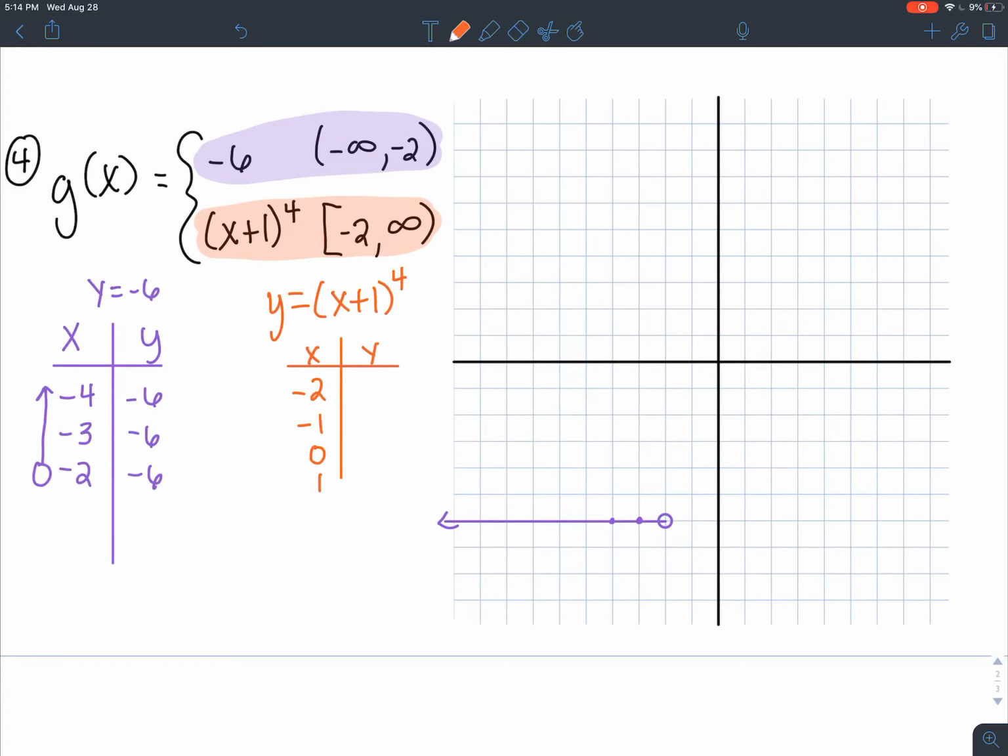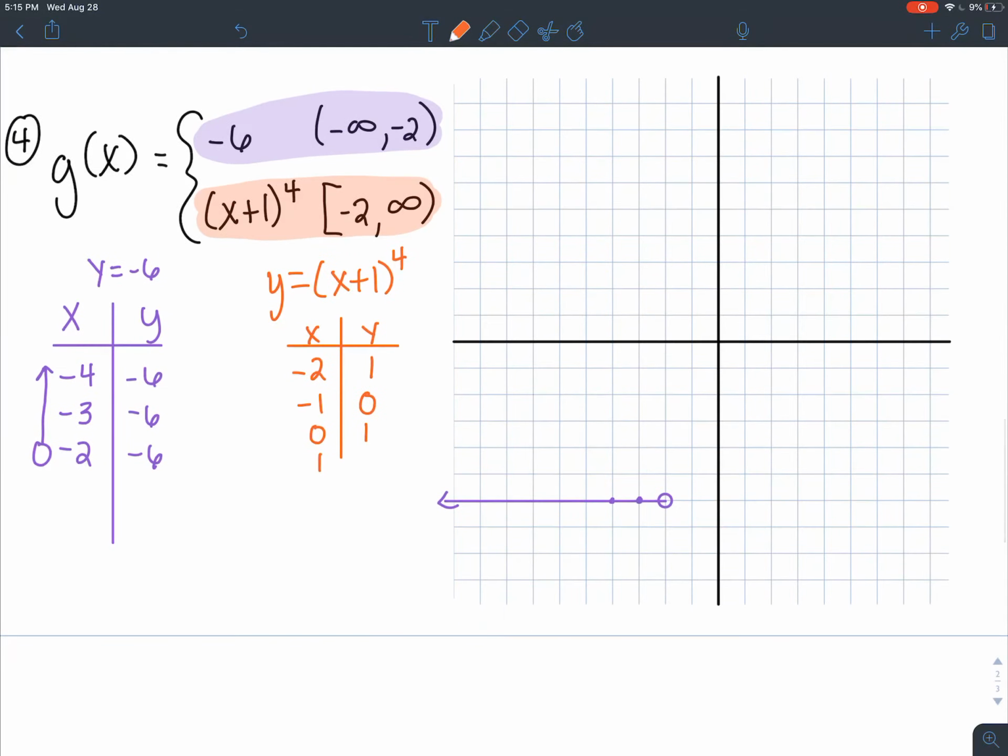It's in parentheses, so it's going to be positive 1. Okay, negative 1 plus 1 is 0. 0 to the 4th power is still 0. 0 plus 1 is 1. 1 to the 4th is 1. 1 plus 1 is 2, and 2 to the 4th is 16.